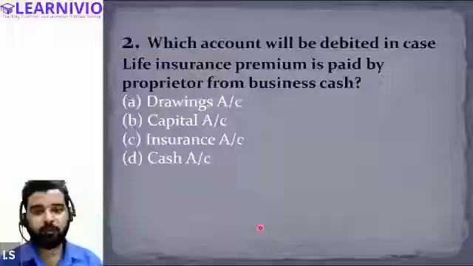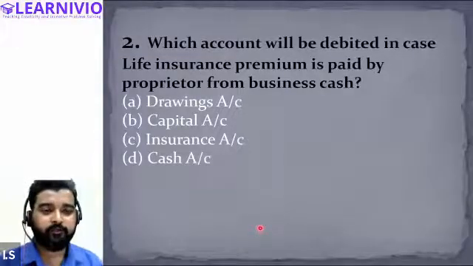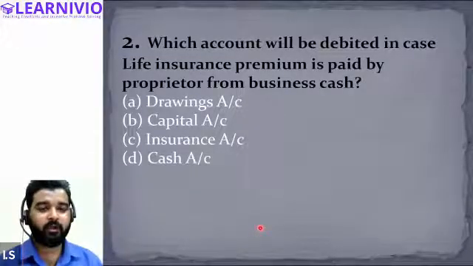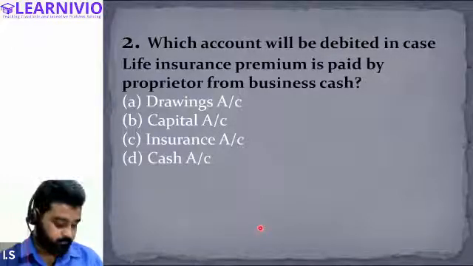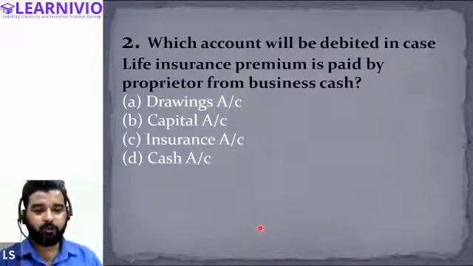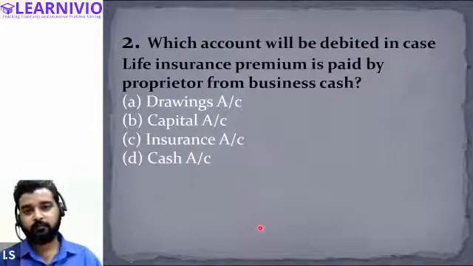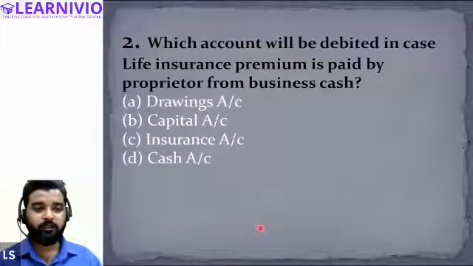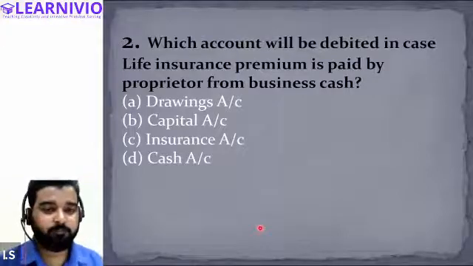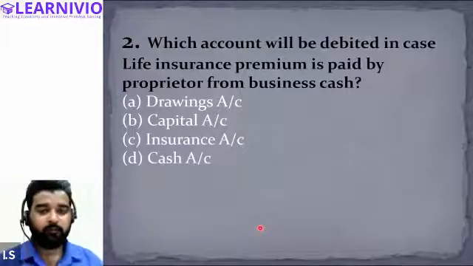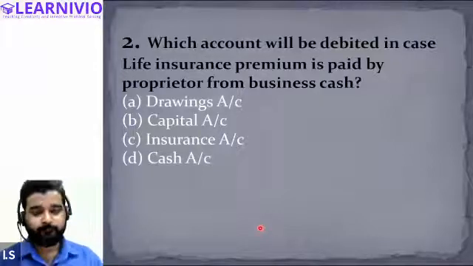All right. Now we have a theoretical question. Which account will be debited in case life insurance premium is paid by the proprietor from the business cash? The proprietor, the owner of the business, is paying his life insurance from the cash of the business. Tell me which account will be debited.